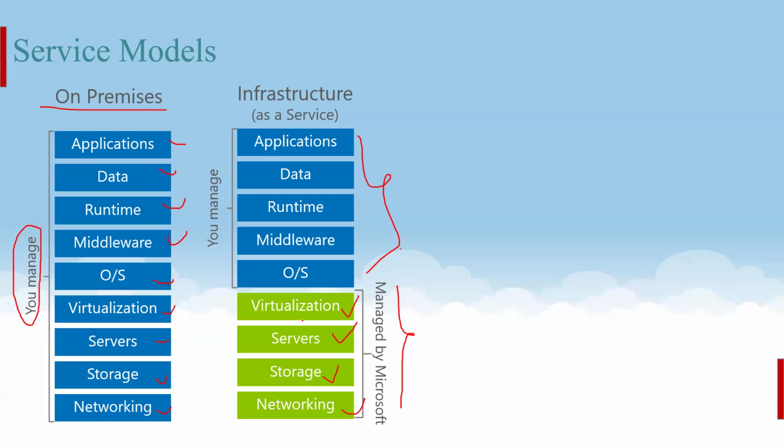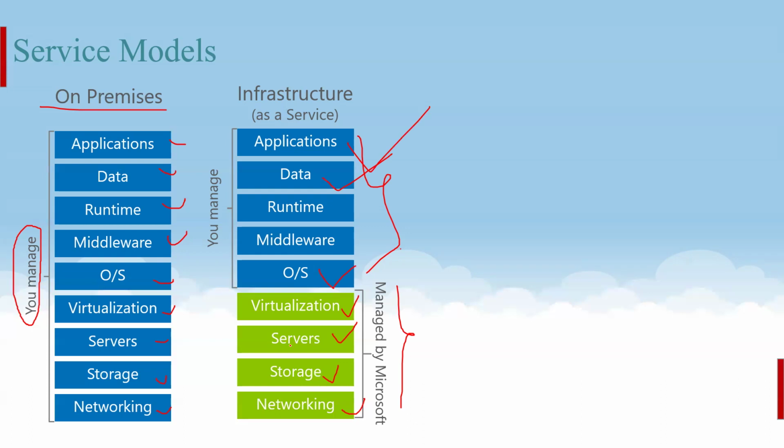On top of that, we need to think about what kind of operating system we want, what kind of data we want to store, and what kind of application we want to deploy on the server. Rest everything will be taken care of by Microsoft.